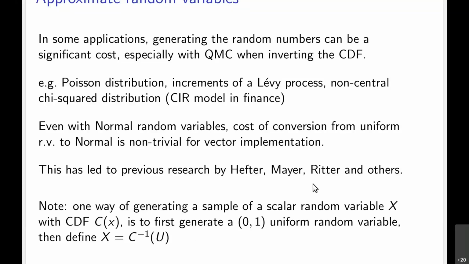So Klaus Ritter and colleagues at TU Kaiserslautern had already done some research in this area. I'd been involved with them to some degree in this. But this is sort of following on from that work.